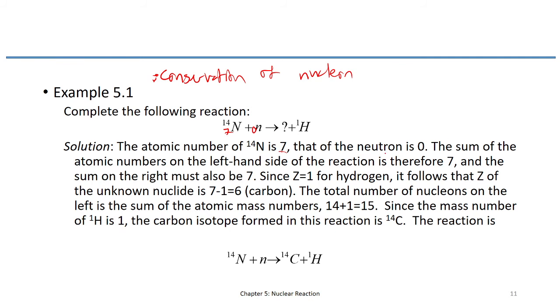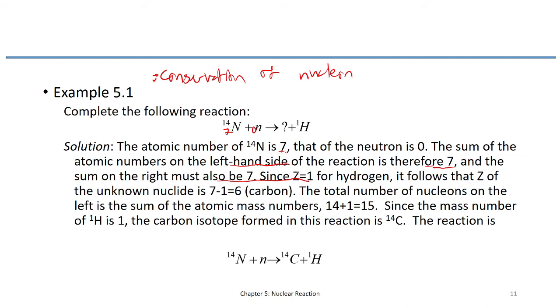So the sum of the atomic number on the left hand side of the reaction is therefore 7 plus 0, so 7. According to the law of conservation of nucleons, since the left hand side is 7, the right hand side must also be 7.